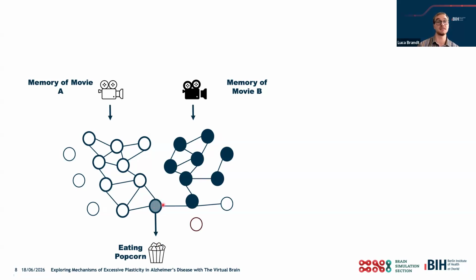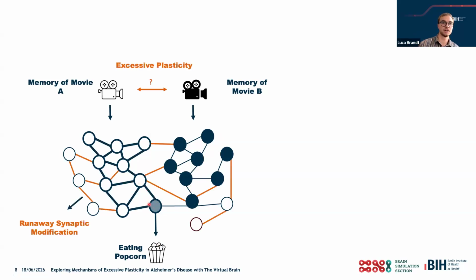between the memories. And this is really an important detail. And if plasticity now becomes unregulated, this leads to two distinct phenomena. So first of all, it leads to strengthening of the already established connections, because they were stronger and excited over the overlap of the network, because of the popcorn eating.